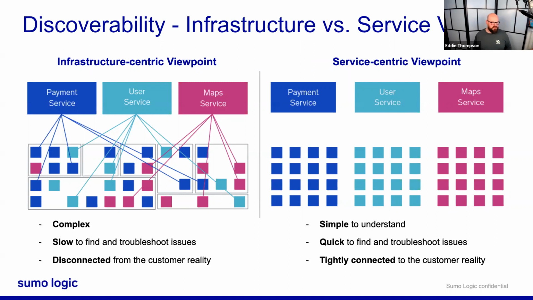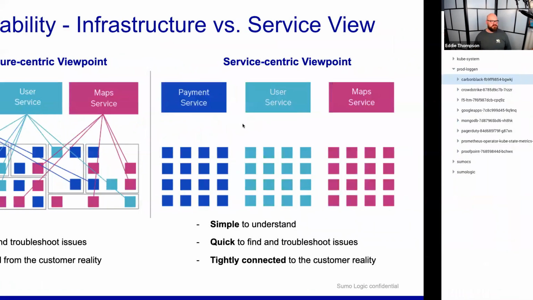There is also a service view, which allows us to centralize on a service-centric viewpoint. So we go from something which is complex and disconnected from the customer reality and hard to find and troubleshoot issues to something which is simple to understand and is tightly connected to the customer reality, what you are putting out to the world.